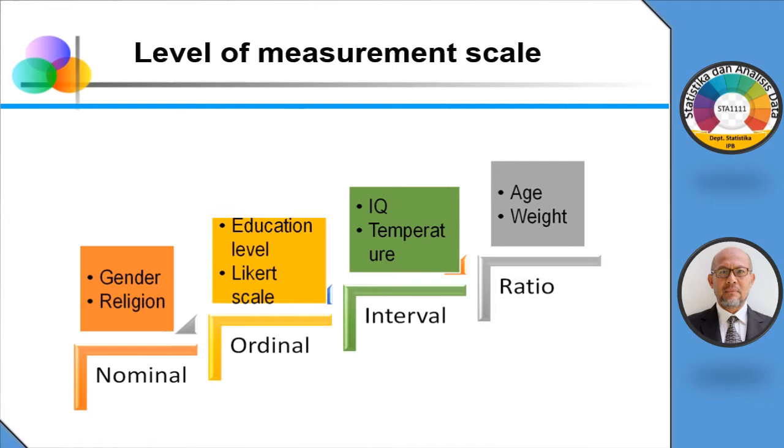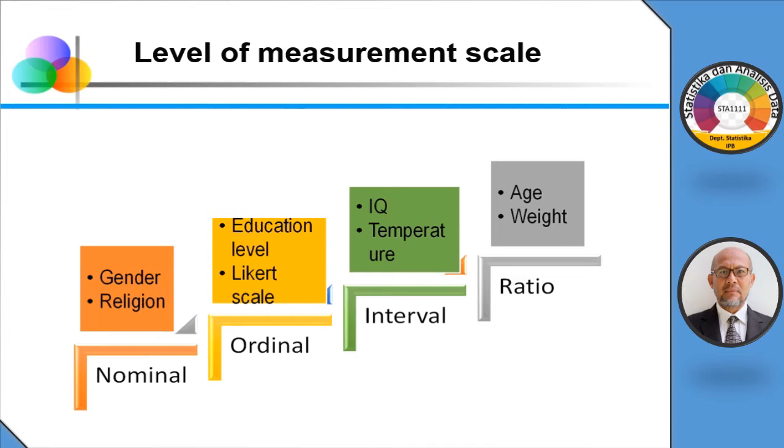The meaning of nominal scale: it can only differentiate but cannot rank. For example, gender, male and female, and religion, for example, Muslim, Hindus, priests, and so on.